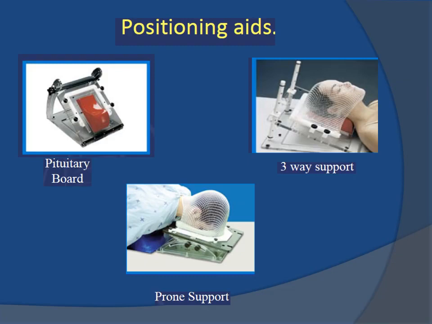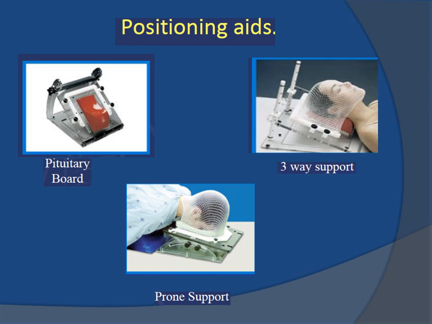Why do you need positioning aid? You should fix your patient well during the setting of radiation therapy, because if the patient moves 1 centimeter, this means that part of the tumor moves away from the radiation field and part of the normal tissue enters the radiation field. So we use the positioning aid for fixation of the patient, to immobilize the patient during the radiation setting.